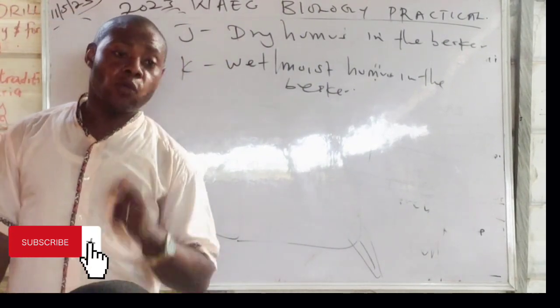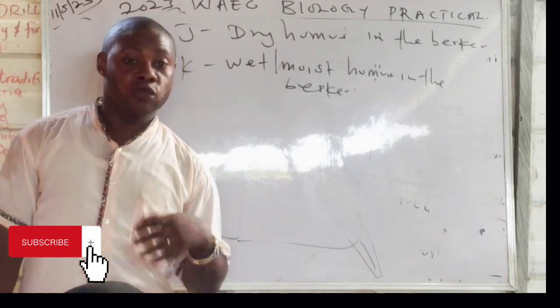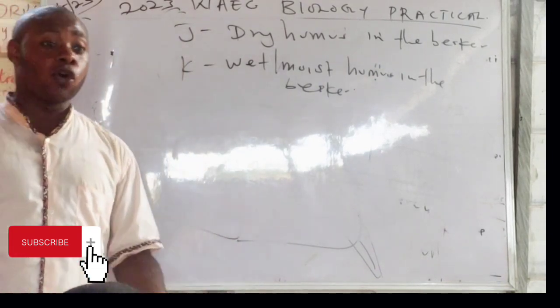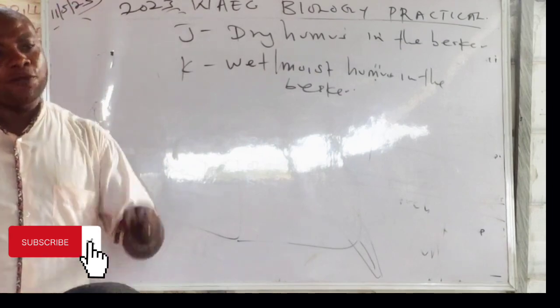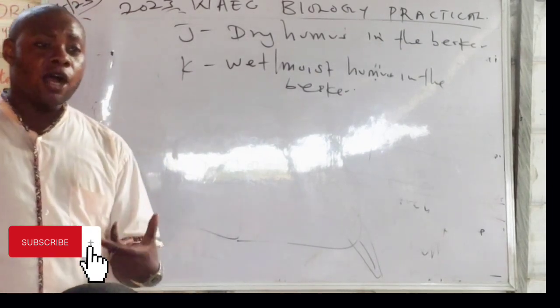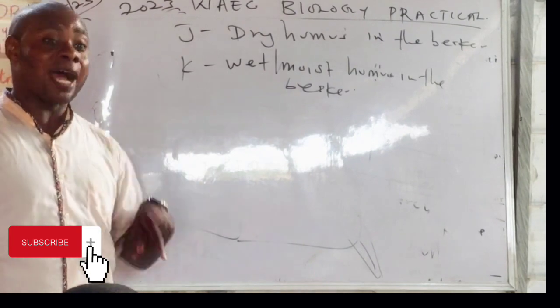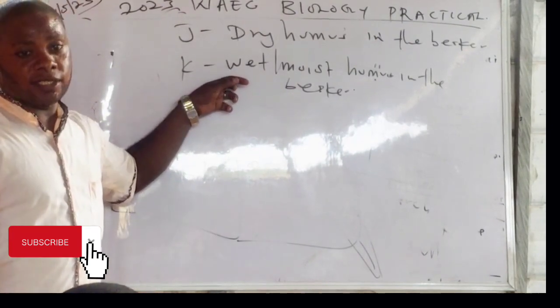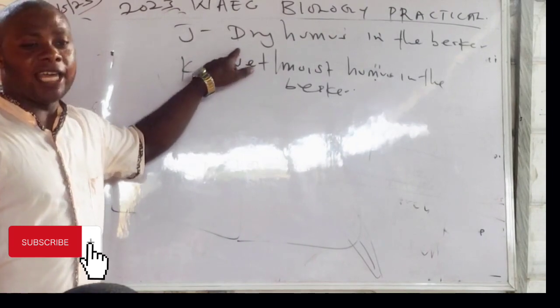It's K, because when water is added to the humus, it will increase soil fertility. It will make the decomposing process continue. A material will decompose faster in wet, moist humus than in dry humus.